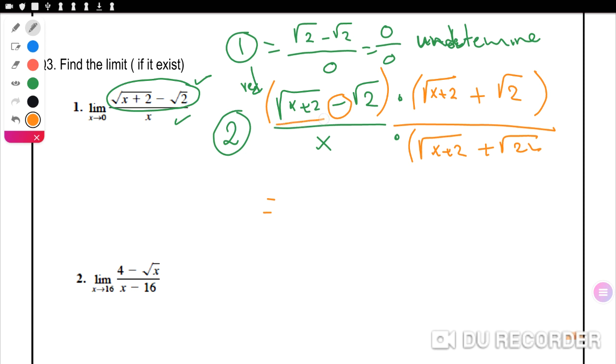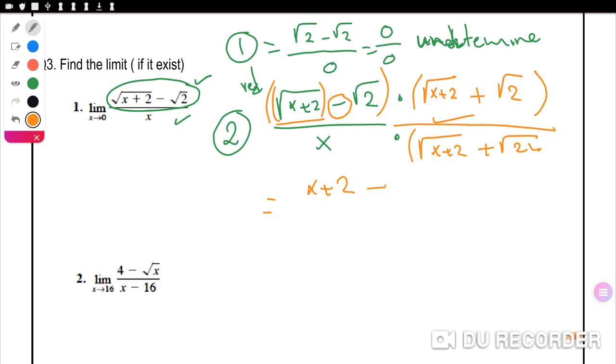What is the product of this one? As I told you, the product of any expression and its conjugate will be the square of the first term. It will cancel the root. It will be x plus 2. Squaring any square root gives you what under the root?